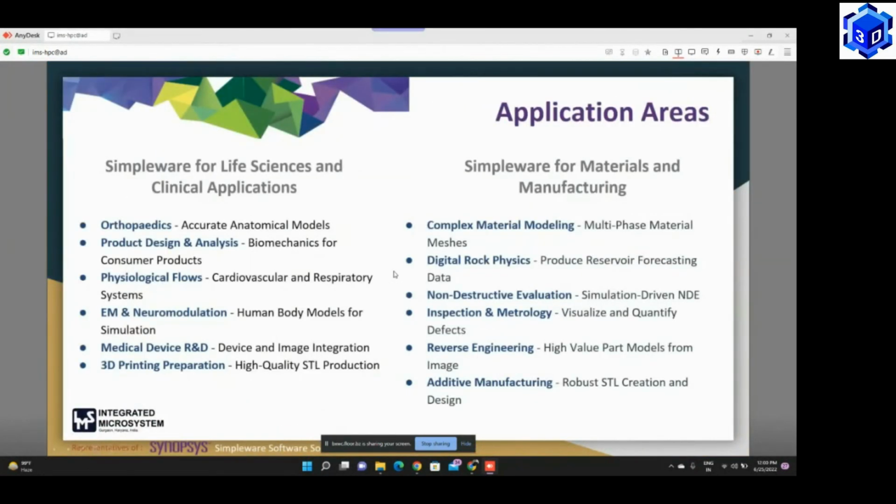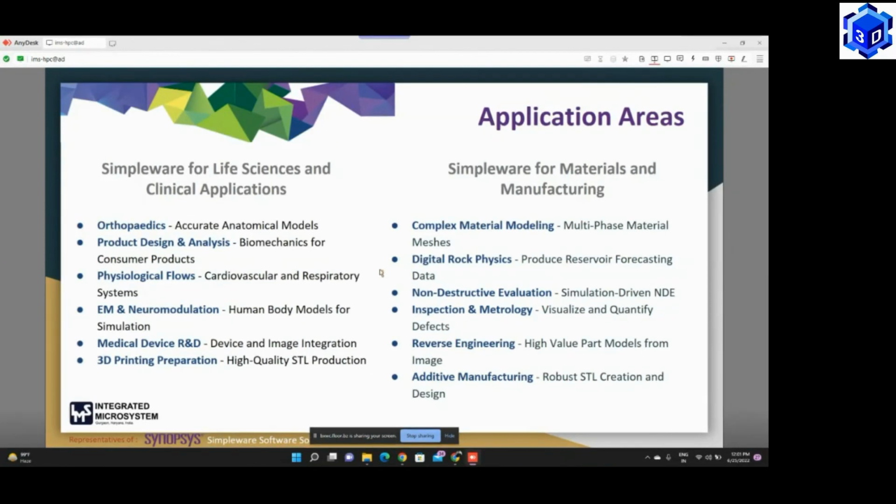Simpleware is a software which allows you to process 3D images, and you can perform segmentation and also some scientific calculations. Later on, you can export your 3D image data to the universal 3D format, STL, for 3D printing or further analysis. Simpleware can be used for life sciences and clinical applications as well as materials and manufacturing.